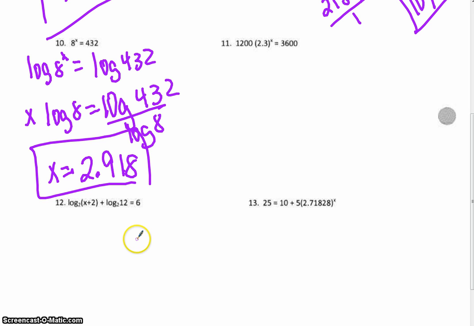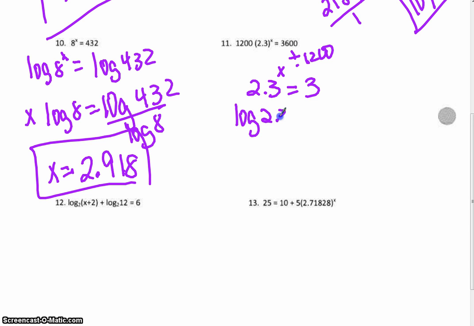Looking at number 11, you want to move this 1200, so we're going to divide by 1200, and you get 2.3 to the x is equal to 3. Add a log to both sides, so log of 2.3 to the x is equal to log of 3.